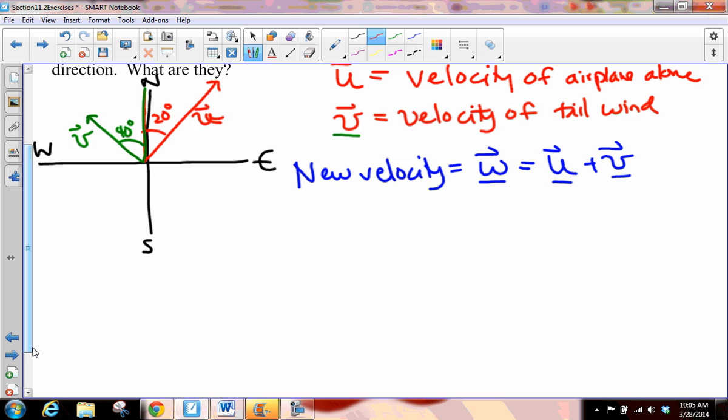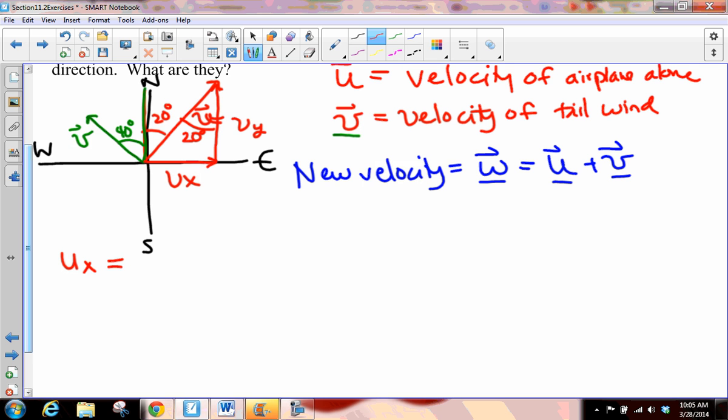So if we look at u, ux, which is going to be over here, here's going to be my x component, here's going to be my y component. And I know that this angle also has to be 20 degrees because those are alternating interior angles.